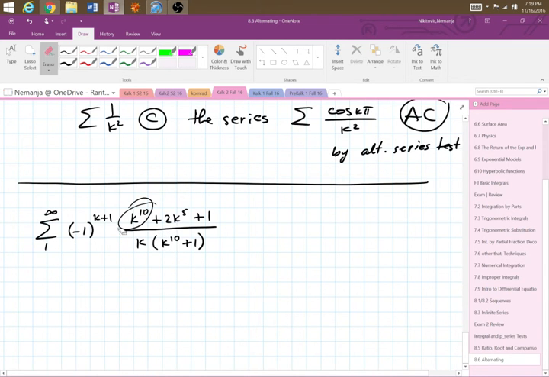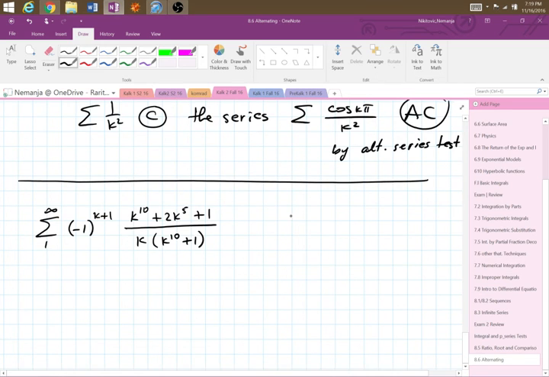So what do we do? We immediately isolate ak, which is this k to the 10 plus 2k to the 5 plus 1. And you quickly learn how to ignore the 2k to the 5 plus 1 part, because k to the 10 is the boss. So you have all of this. Is it decreasing?